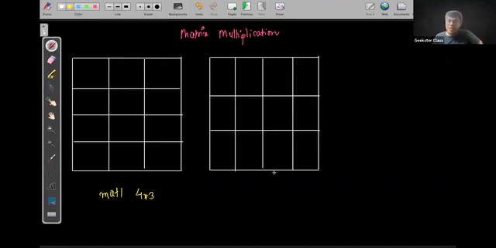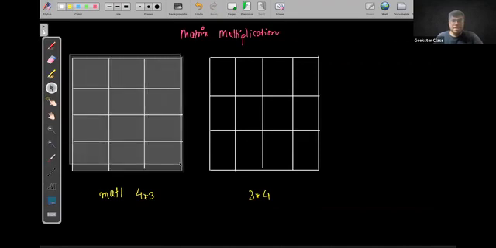It is not like the first matrix will be 4 by 3 and the next will be 3 by 4. It can be 3 by anything. But just for simplicity, I'm taking 3 by 4.